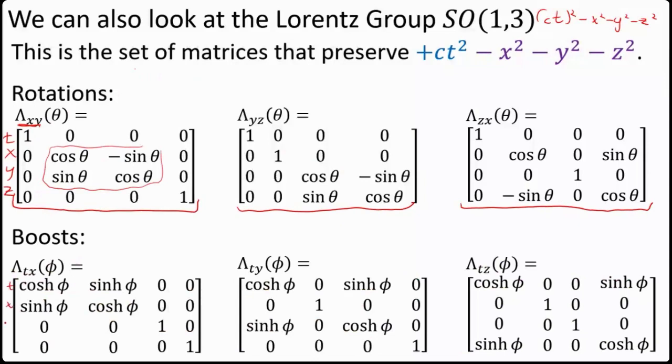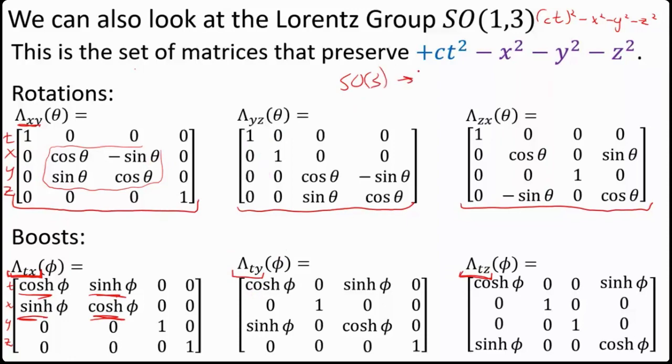There are also 3 boosts. So this is again T, X, Y, Z. This is a boost. This is a Lorentz boost in the X direction. It's a hyperbolic rotation instead of a circular rotation. And then this is a boost in the Y direction. That's a boost in the Z direction. So SO13 is 6-dimensional.